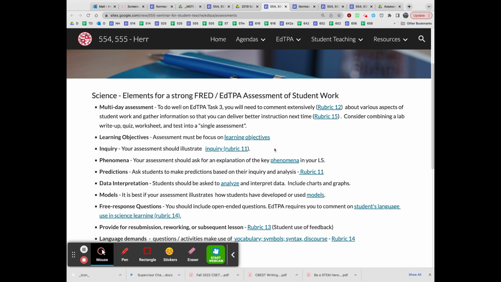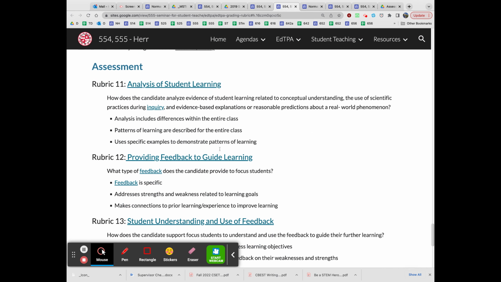Your assessment should also illustrate some aspect of inquiry. Remember that your videos need to show that your students are involved in some kind of inquiry, answering questions about, or developing an explanation for, why a phenomenon is the way that it is. If we look at rubric number 11, which is in the assessment portion right here, it says, how does the candidate analyze evidence related to conceptual understanding during inquiry?